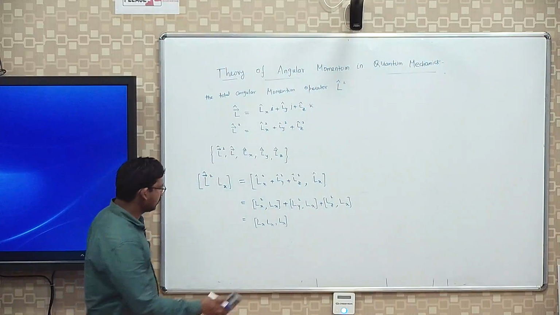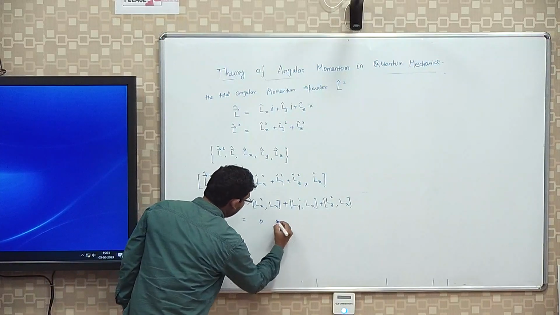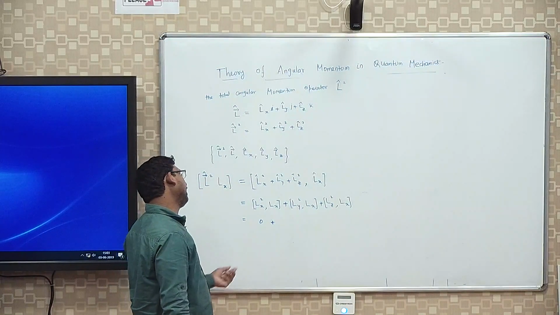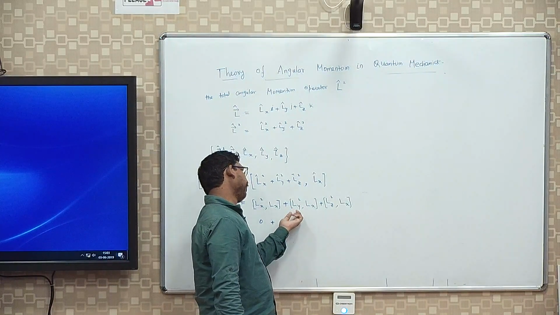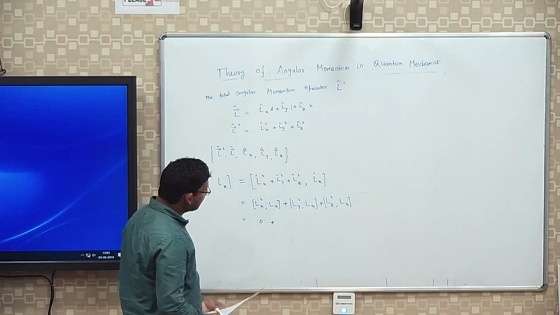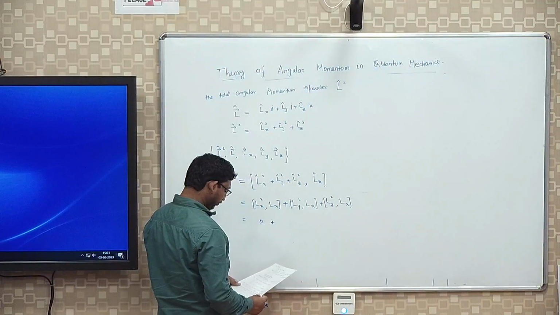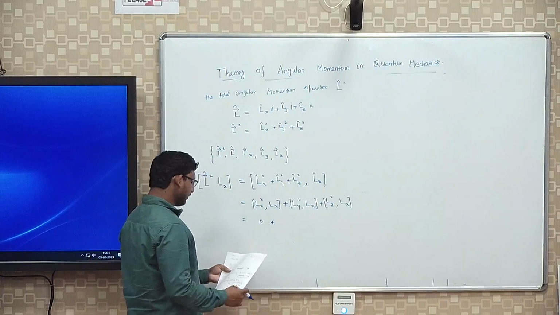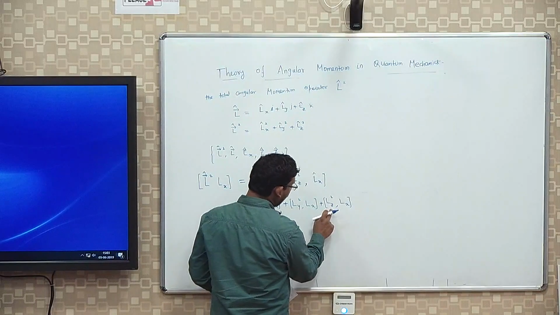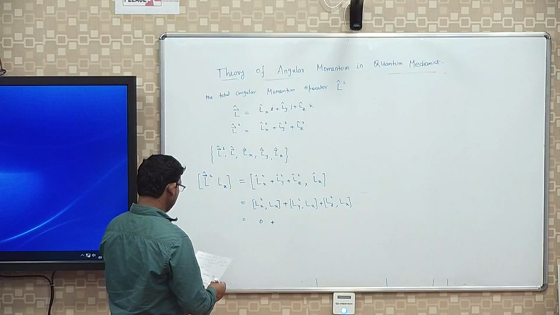Then directly we can write this is 0 plus the orbital angular momentum of the y component squared commute with the orbital angular momentum of the x component. And as well, the z component squared commute with the x component. What will be the result?